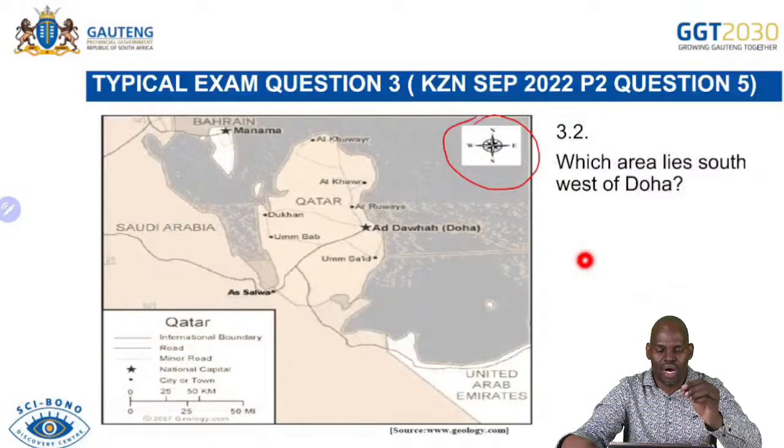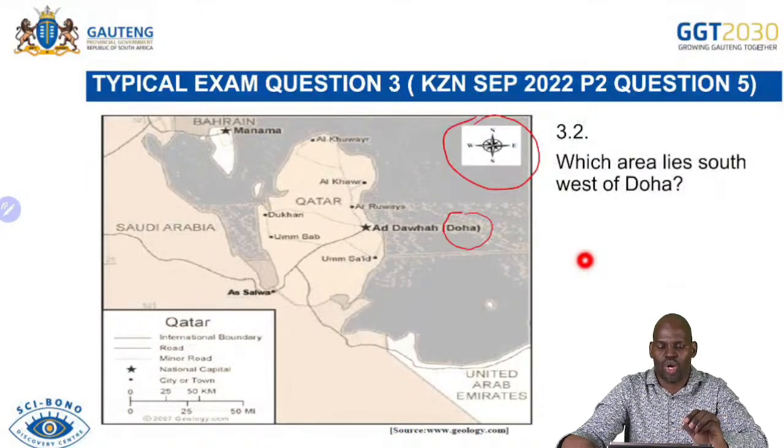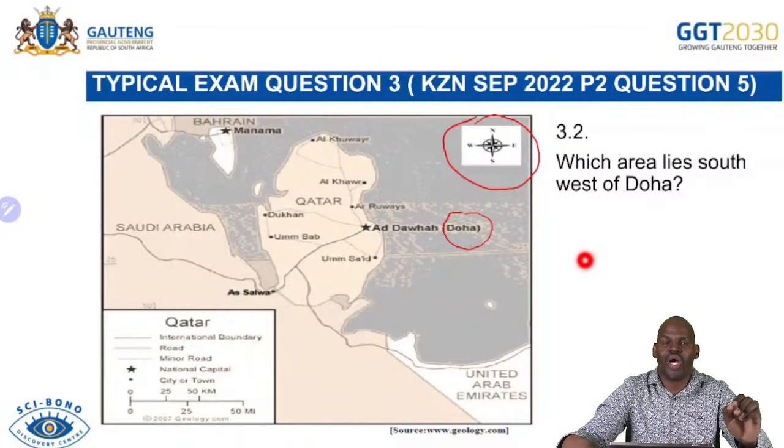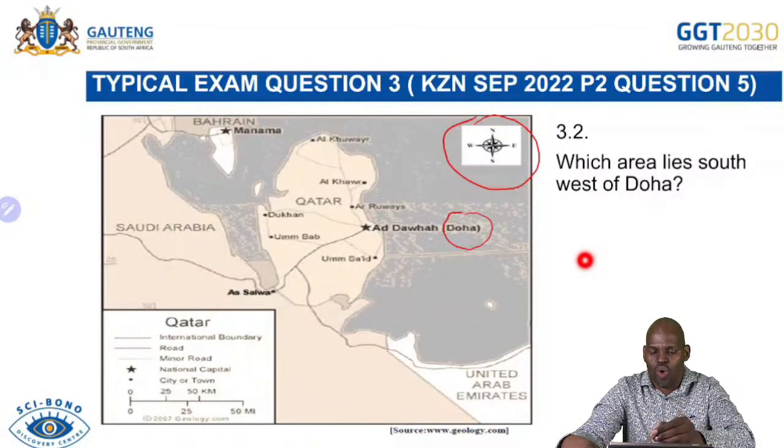Then we look for Doha. Then there is Doha. In this case, they say at Doha, or another way of writing it is just Doha. Which area lies southwest?